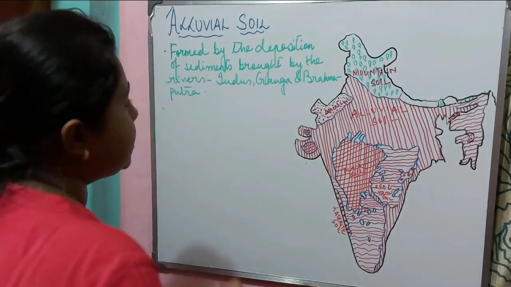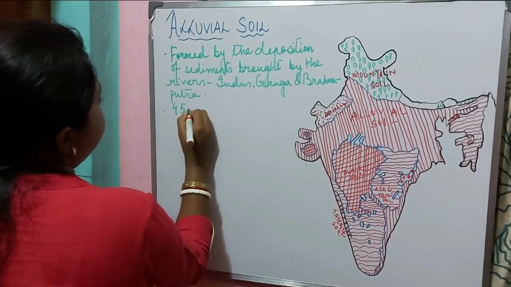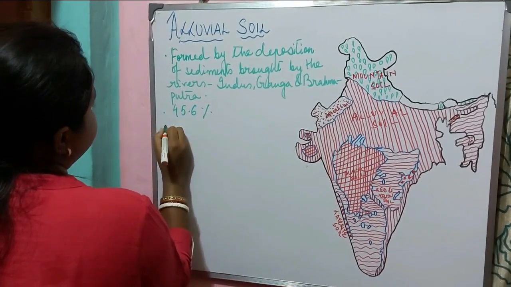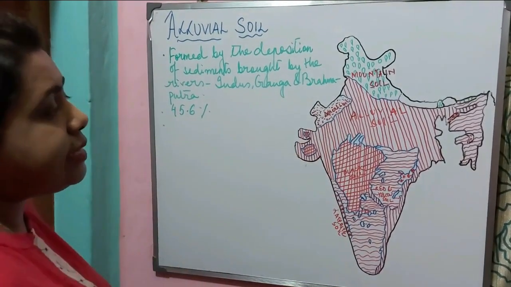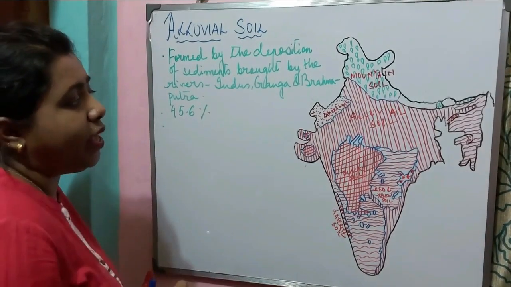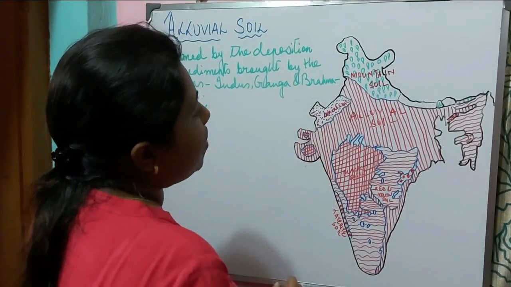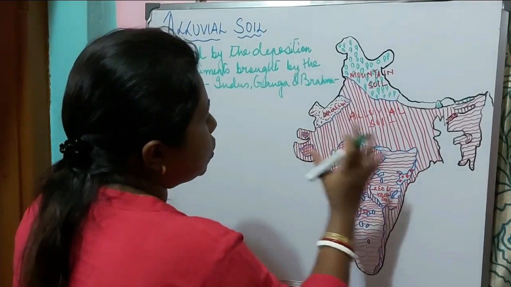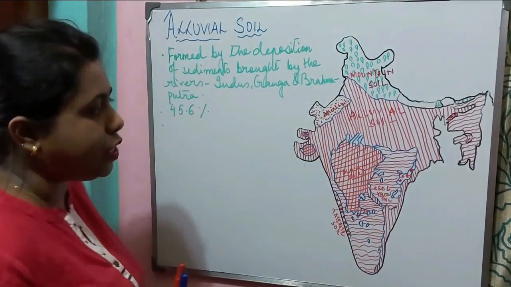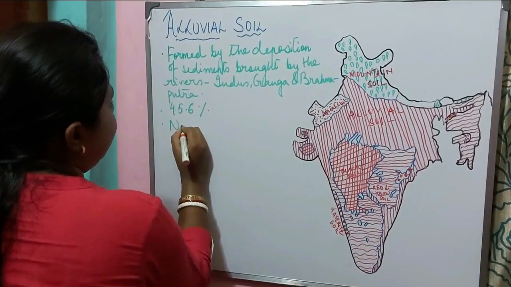Geographical area wise, it accounts for 45.6%. Now, let us see which are the areas where we can find the alluvial soil. We can find the alluvial soil, mostly the northern plains are covered with alluvial soil. So we can write the northern plains.